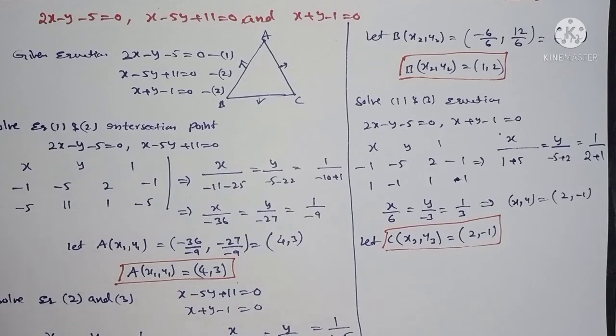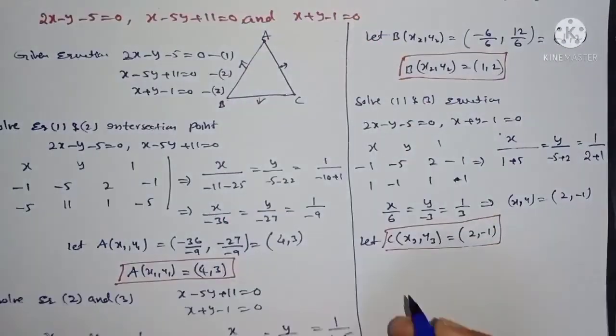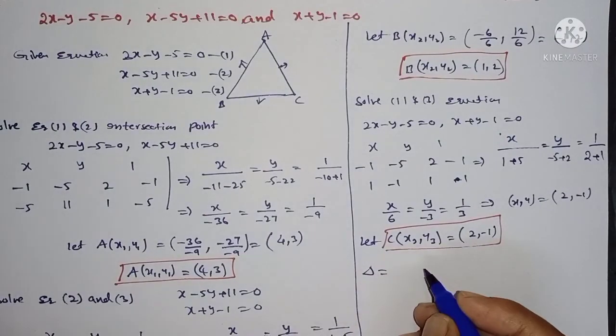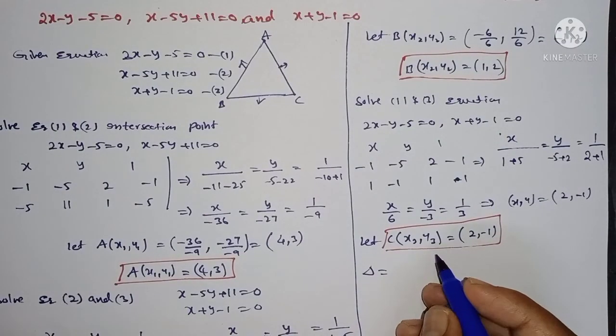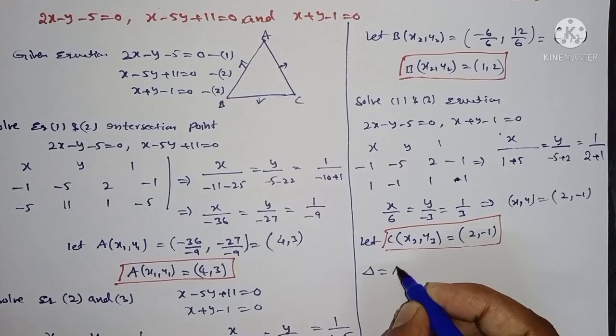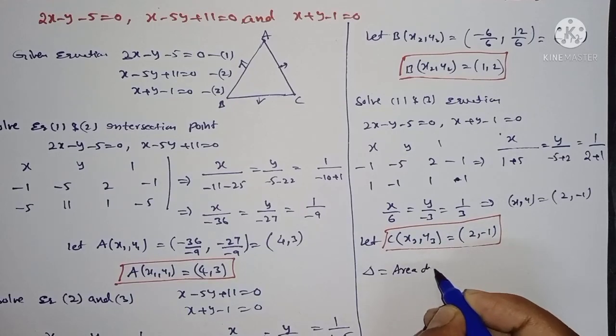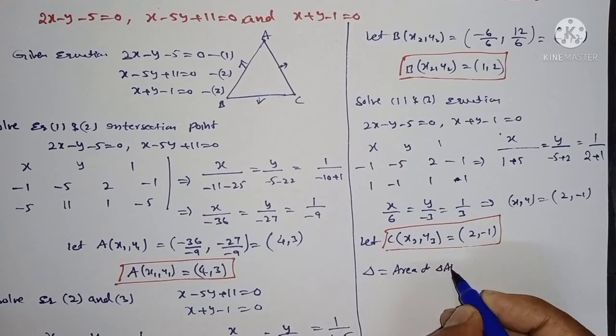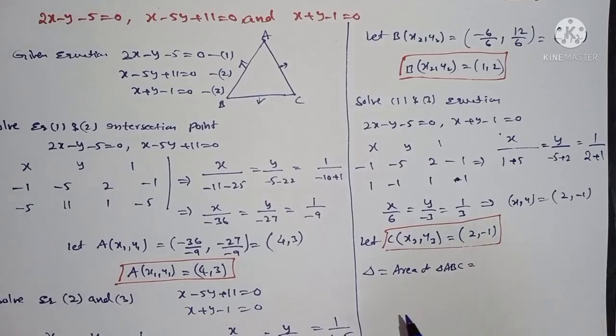Next, find the area of the triangle. Therefore, area of triangle ABC, delta, is given vertices.